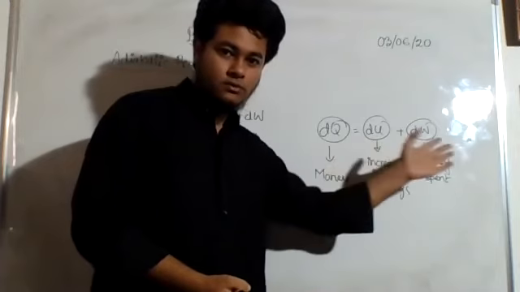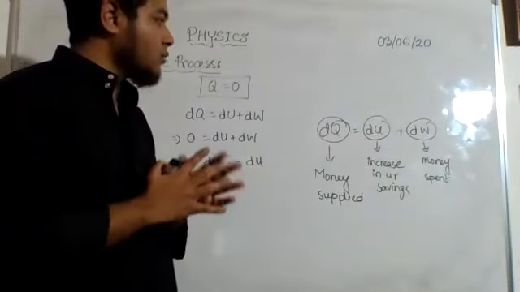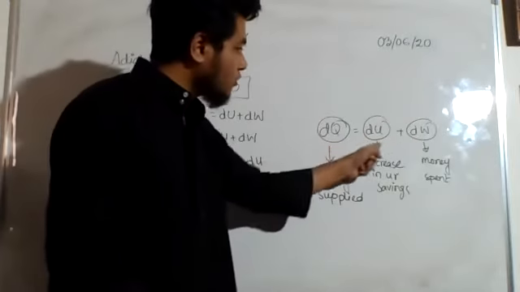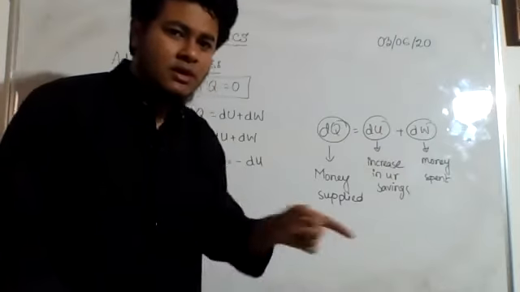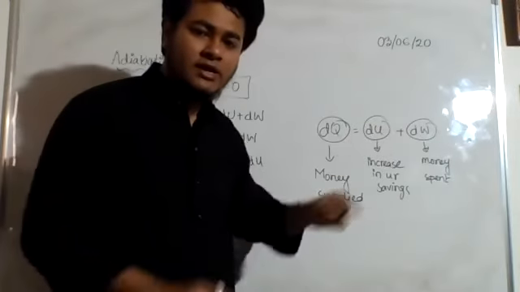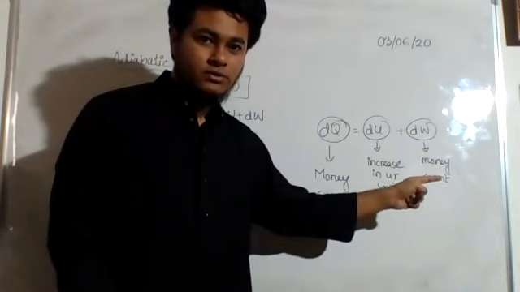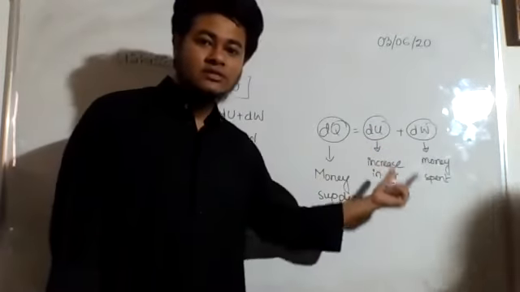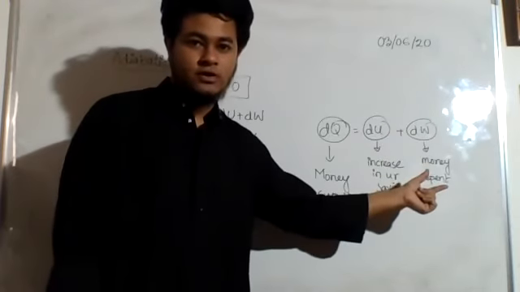Then for the isothermal process, we say that there is no increase in your savings. What does that mean? The money that I have supplied, if you didn't save it at all, that means you have spent it all.